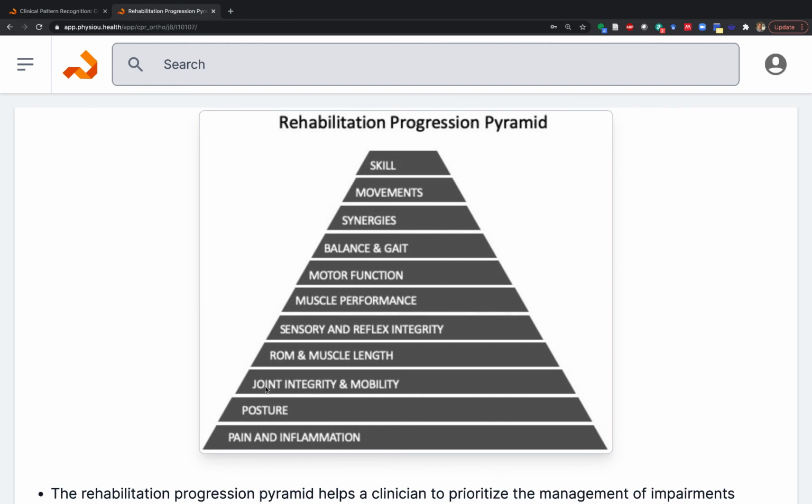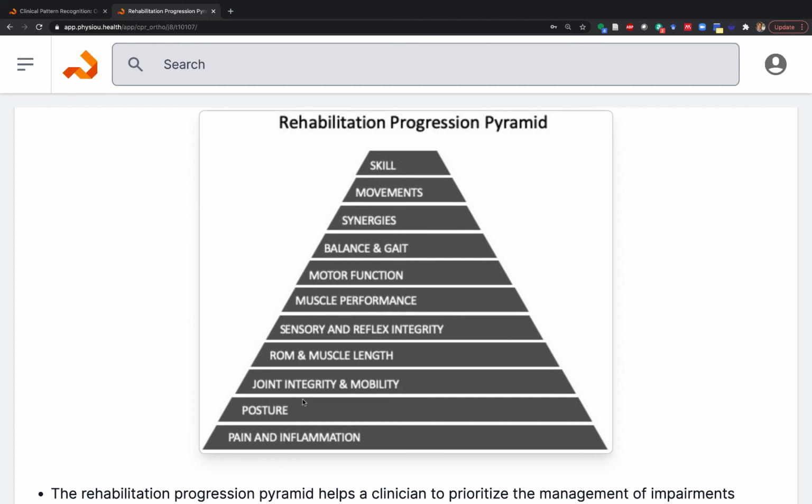And then managing the mobility loss. So we always, once there's no more pain and inflammation, I can now restore mobility, restore muscle length and range of motion. Okay, we work on sensory and reflex integrity, work on now muscle performance, motor function, right, muscle strength.